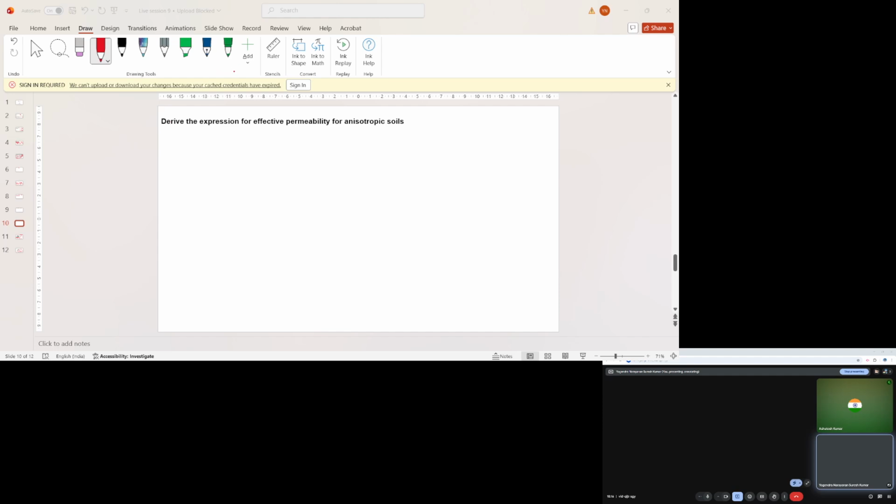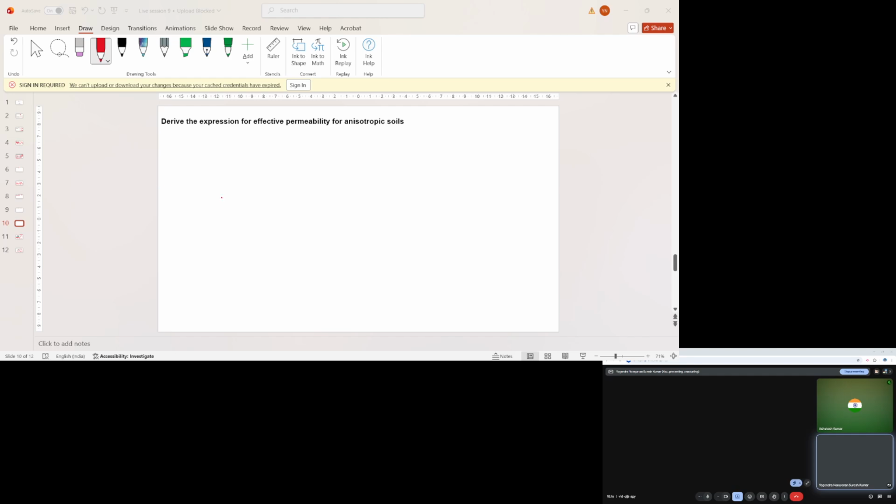Understood? Yes, sir. The amount of fluid passing through this element is defined as Q1, and this element as Q dash. The condition needs to be Q1 is equal to Q dash.